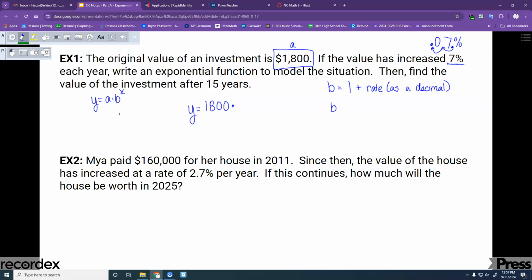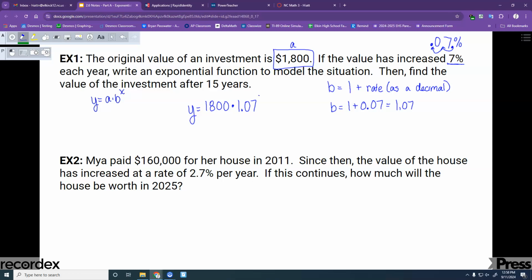So the B value here is going to be 1 plus 0.07. That will give me 1.07. This is a lot like what we were doing with sales tax. We have 100%, we add 7%, we change it to a decimal, it's 1.07. So that number goes here.